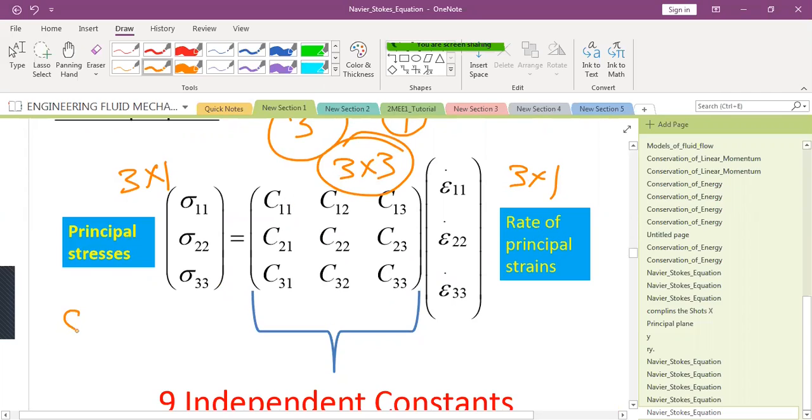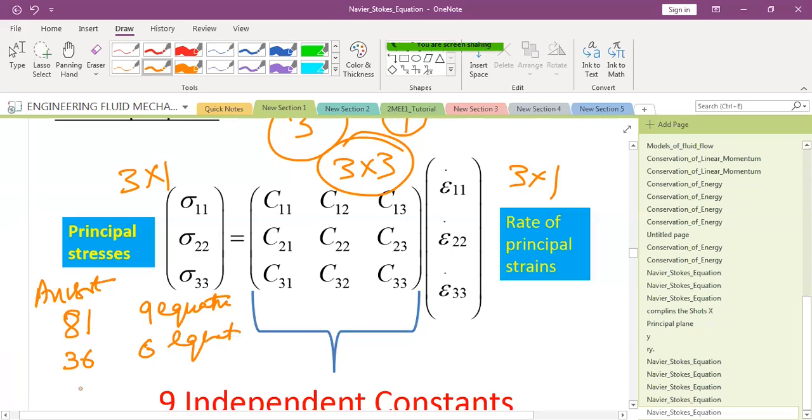So initially I had 81 constants. That was the anisotropic case. Then I came to 36 constants. In 81 constants, I had how many equations? 9 equations. In 36, I had 6 equations. Now I have 9 constants and how many equations? 3 equations.